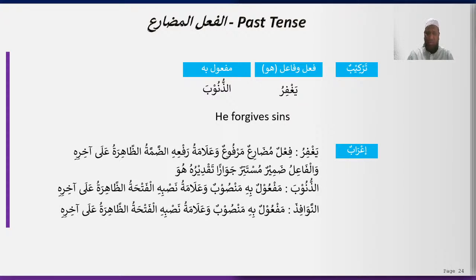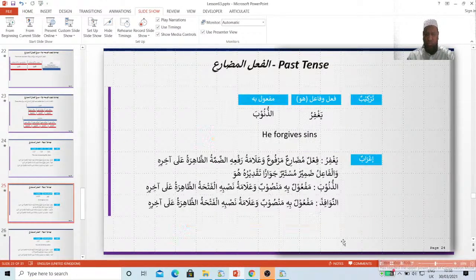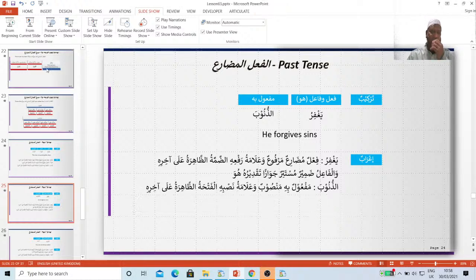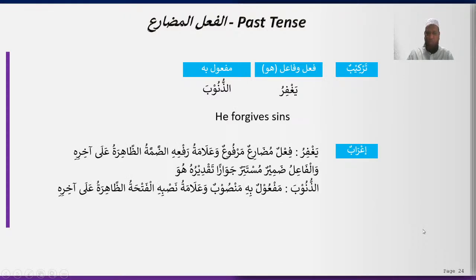Al-Dhunuba is the last. Al-Dhunuba مفعول به منصوب وعلامة نصب الفتحة الظاهرة على آخره. Right.